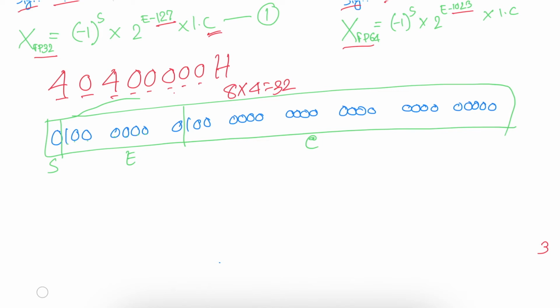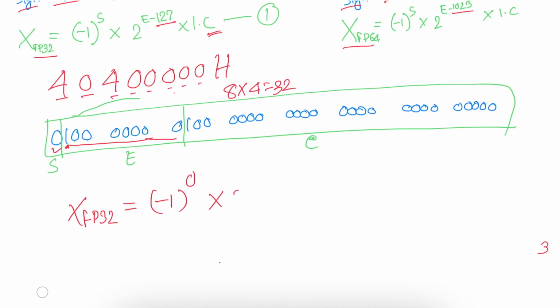Now the result will be: the 32-bit floating point representation for a number x is equal to minus 1 to the power s, where s is 0, so put 0 here, times the exponent.